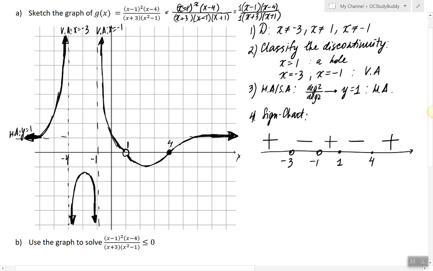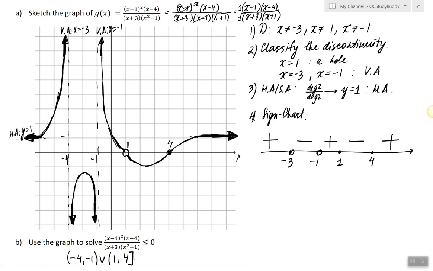And now, to solve the inequality, we can simply look at the graph, and the question is for which values of x the graph of the function is below or on the x-axis. It is pretty clear that it is on the interval from -4 to -1. The entire piece is below the x-axis, and on the interval from 1, not including 1 because we have a hole there, and going to 4, including 4 because the inequality is not strict.